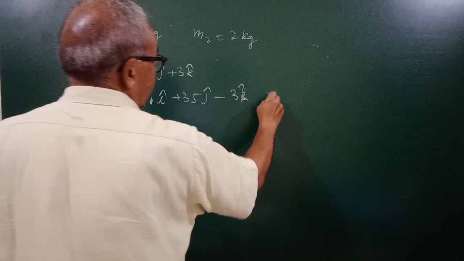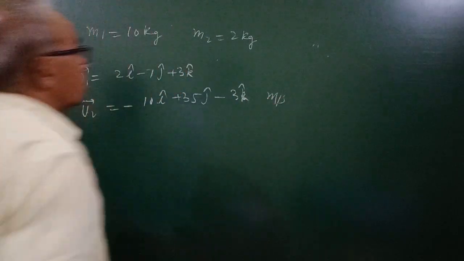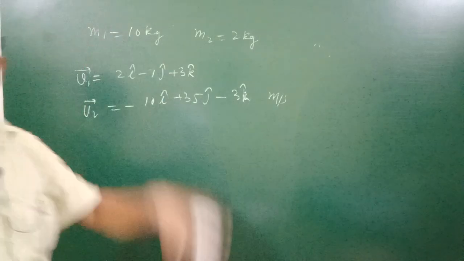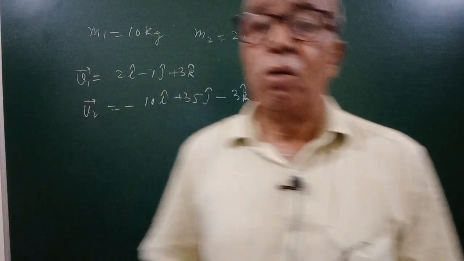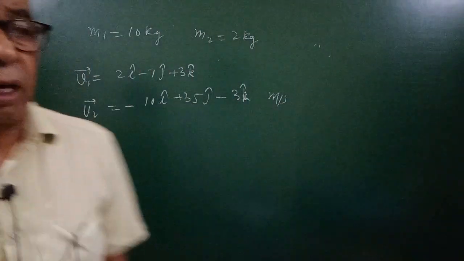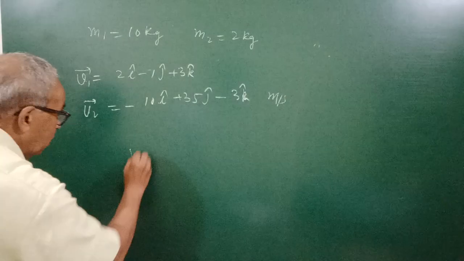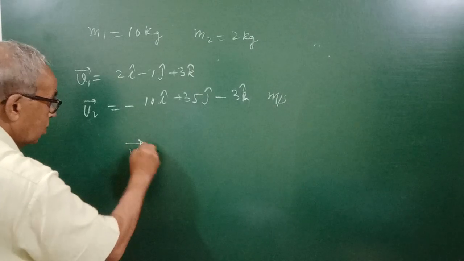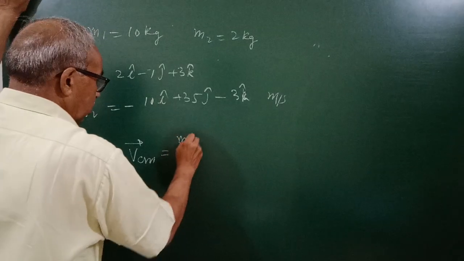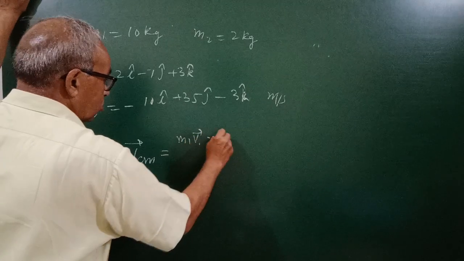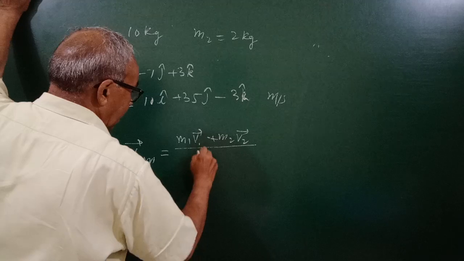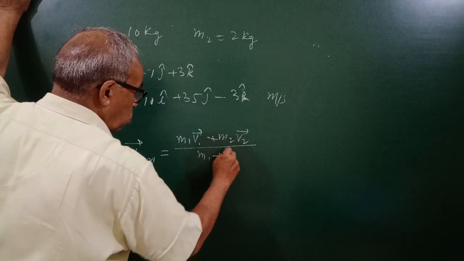Find the velocity of the center of mass. Find the velocity of the center of mass. And so I told you VCM is equal to, I hope you remember, M1 V1 plus M2 V2 upon M1 plus M2.